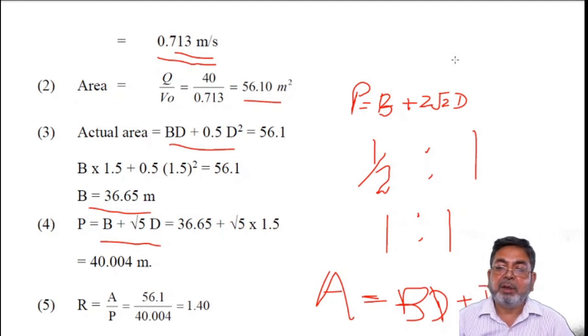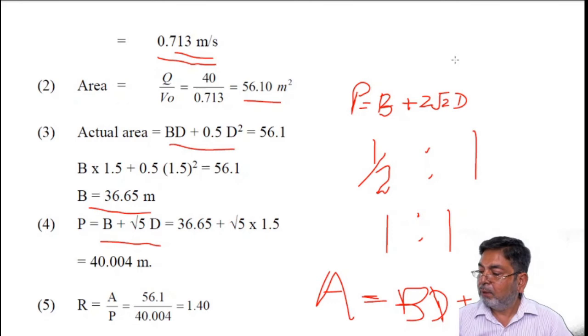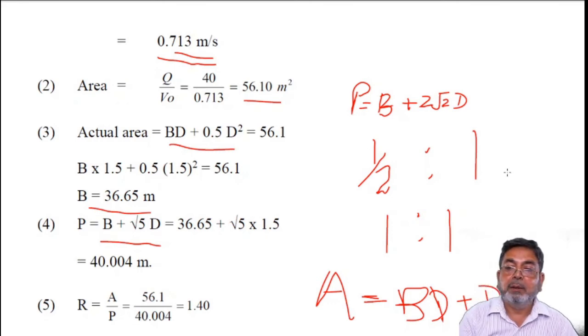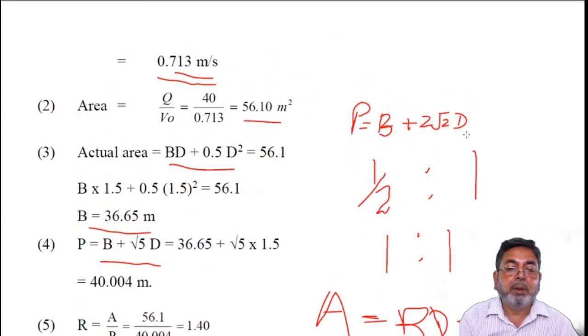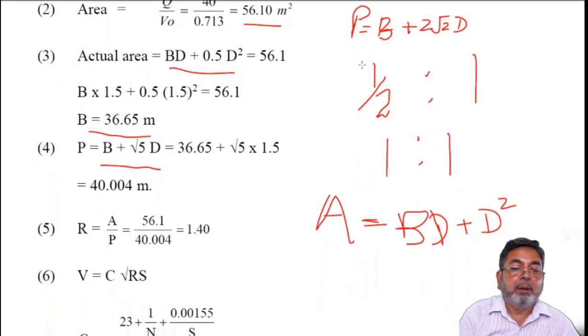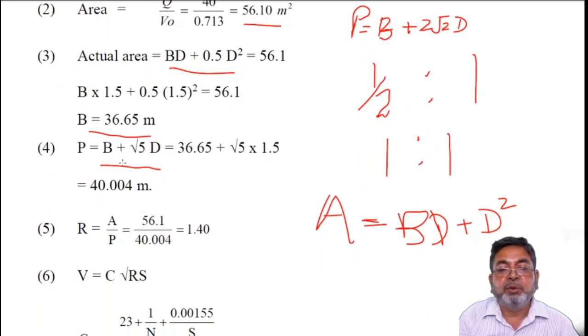Now as we have got this value, by using this equation, putting the value of D is equal to 1.5, you see here 1.5 has been put here. The wetted perimeter is coming out to be 40.004.